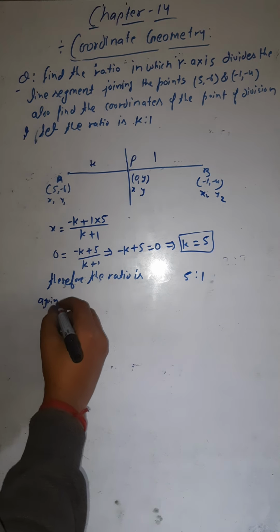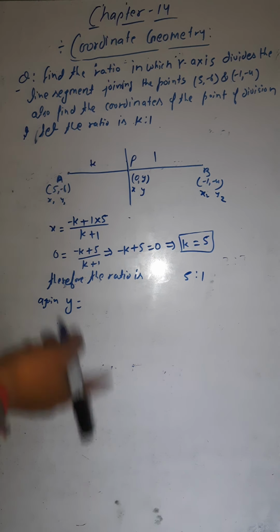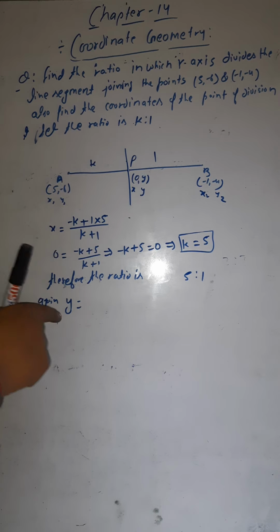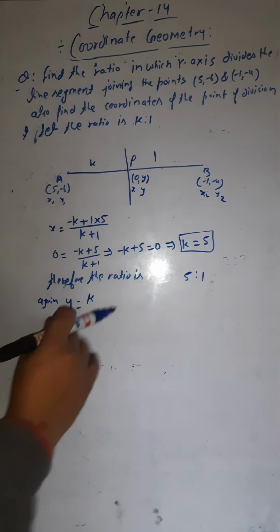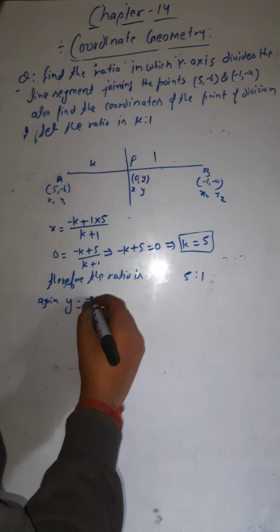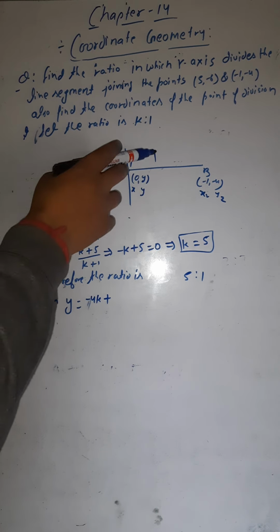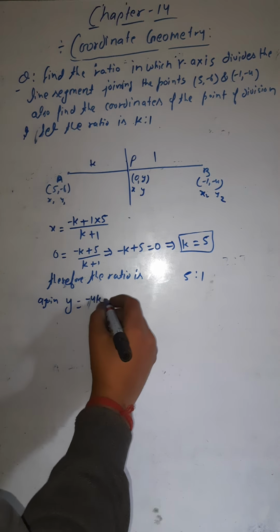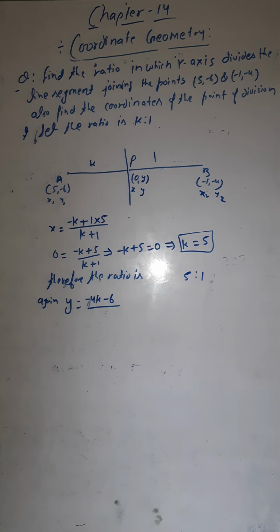Again y is what? m1 y2 plus m2 y1. m1 is k, y2 is minus 4, so it would be minus 4k then. m2 y1, that is 1 into minus 6 would be minus 6 then, divided by m1 plus m2.